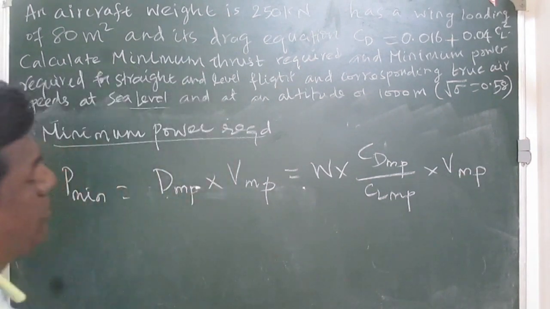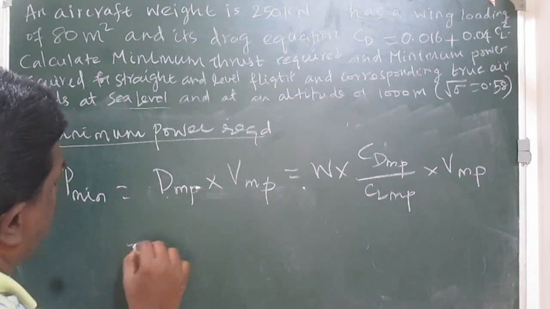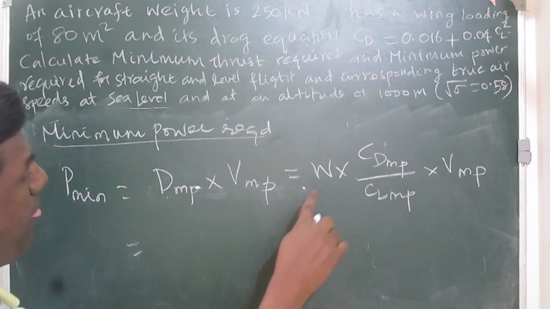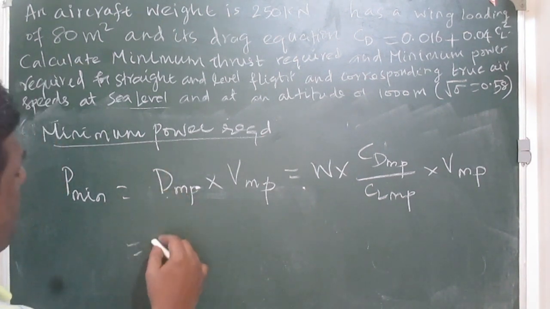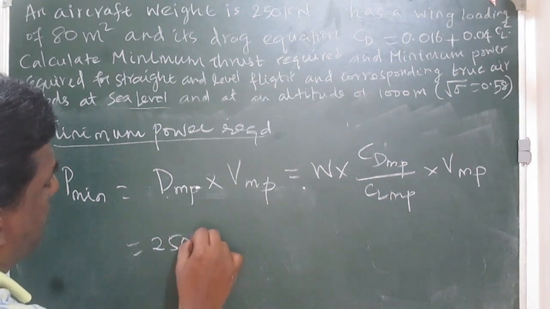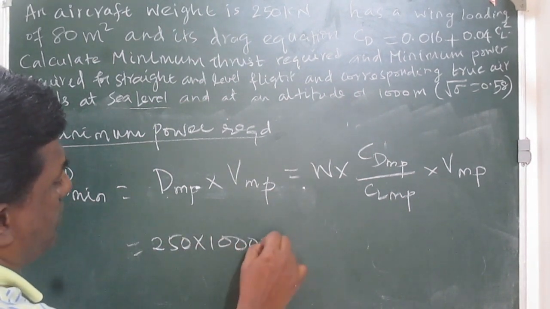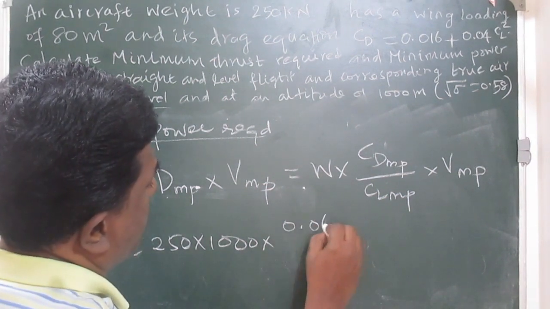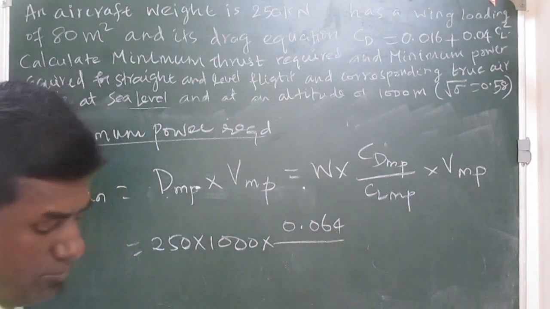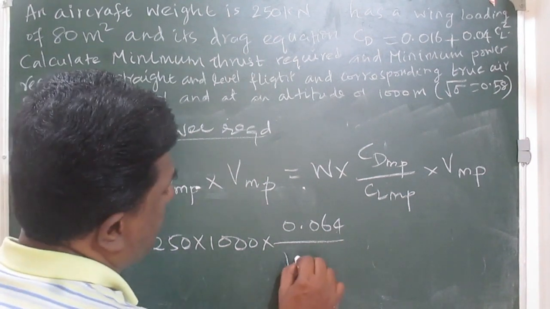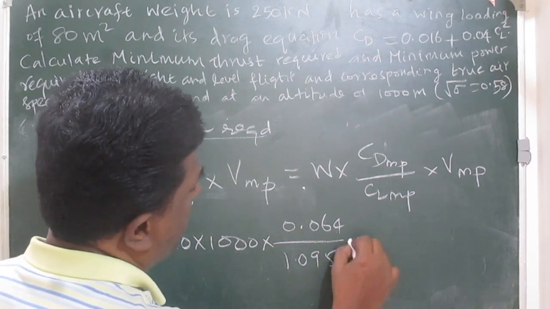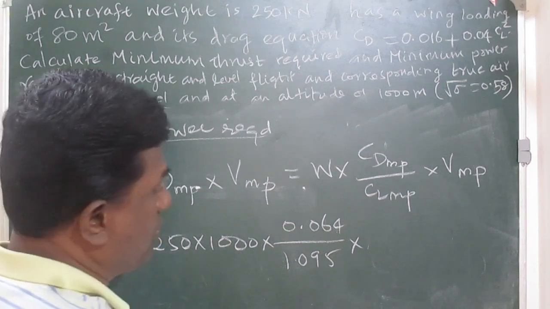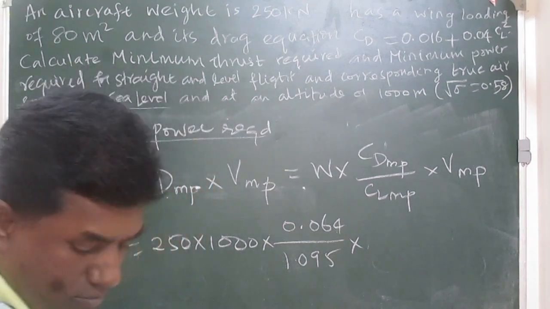Substituting values for this, we get W, which is 250 into 1000, into CD minimum power, which we know is 0.064, divided by CL minimum power, which we also know is 1.095, into velocity minimum power. Velocity minimum power we have seen, that is nothing but 68.24.